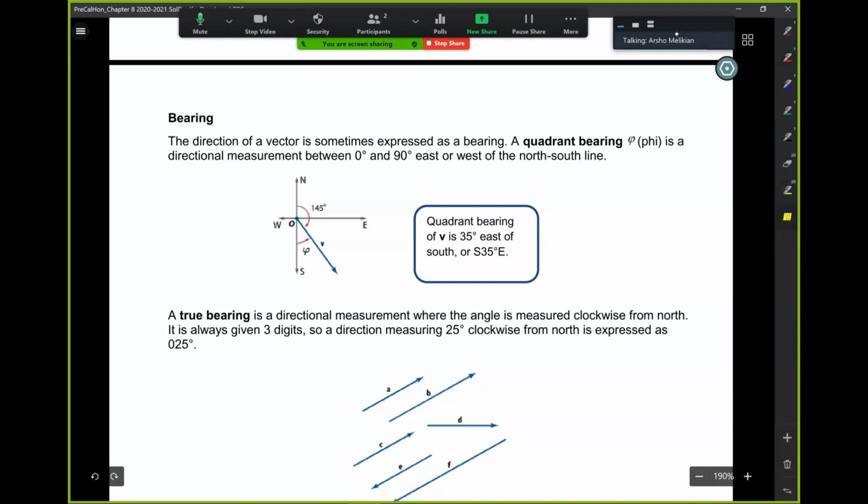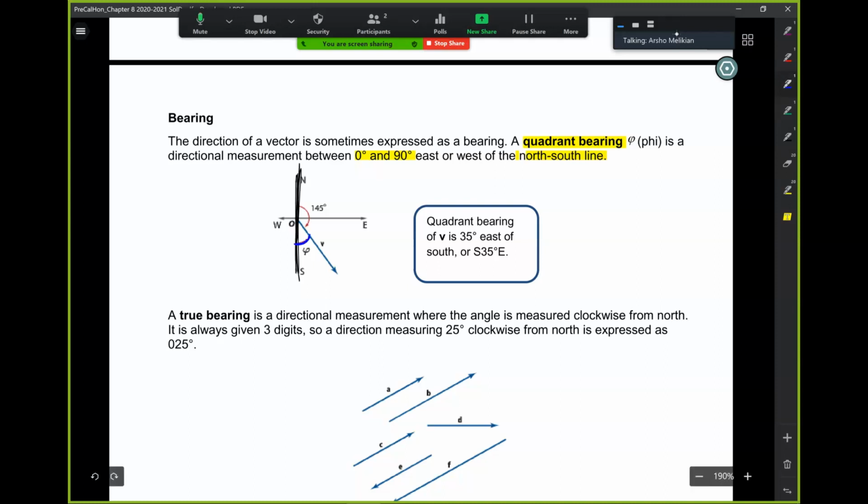The way they do it, you can have what is called a quadrant bearing. It's a directional measure, and you can only have a number from 0 to 90, east or west of the north-south line. So how do they do it? Sailors always orient themselves according to north, right? So they look at where is north. This is the north-south line. And now suppose they're going in this direction.